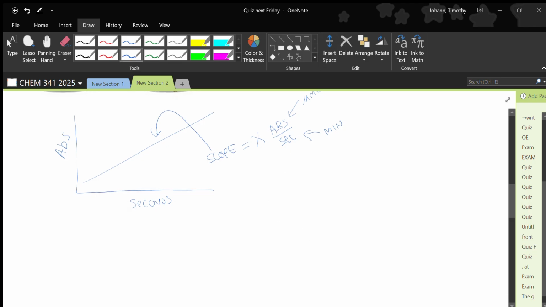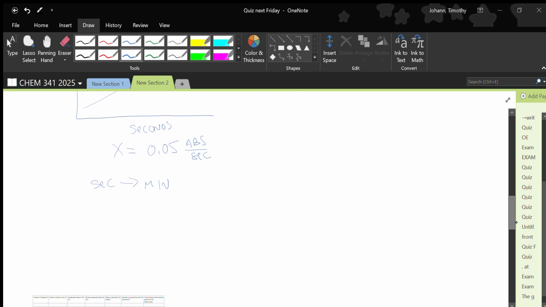So let's pretend our slope is x equal to 0.05 absorbance units per second. All right? Let's make that seconds into minutes. How do I do that? Seconds to minutes. We're going to divide by 60, or if we're not sure about whether we divide or multiply, it's easier with time because we've dealt with time all our life, right?